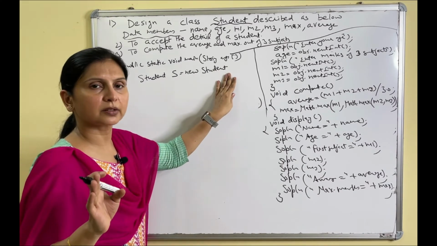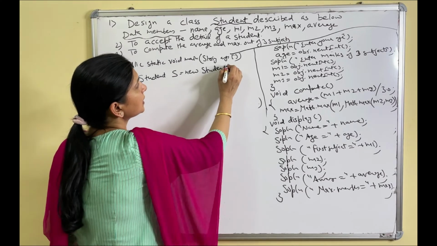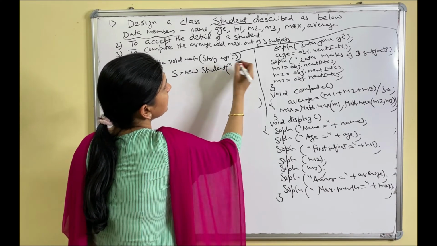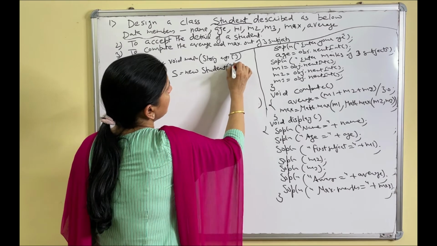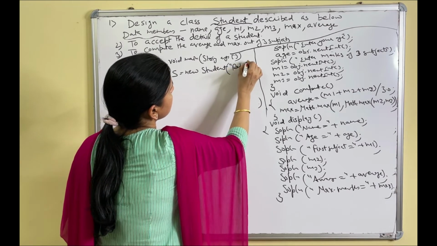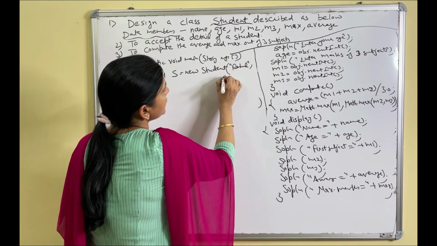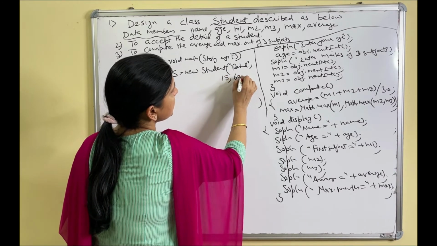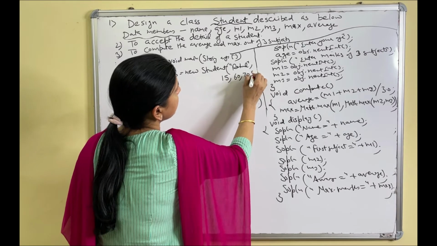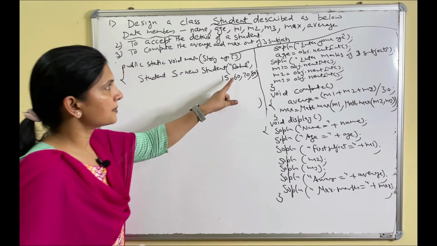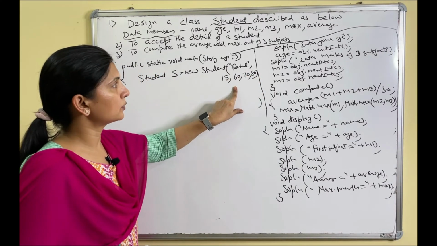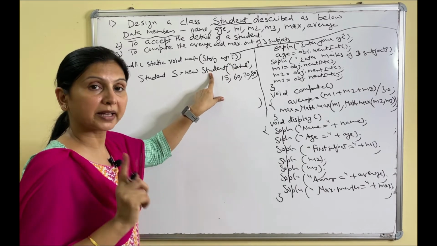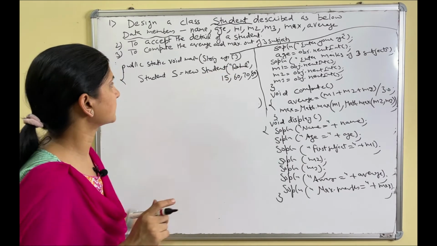So in the same sequence we will pass the information here. Name you can take any, like Rahul, first name, and then age we have taken 15, then marks of first subject 60, 70, 80. So in the same sequence we will pass the values, right? So it will invoke the parameterized constructor Student.